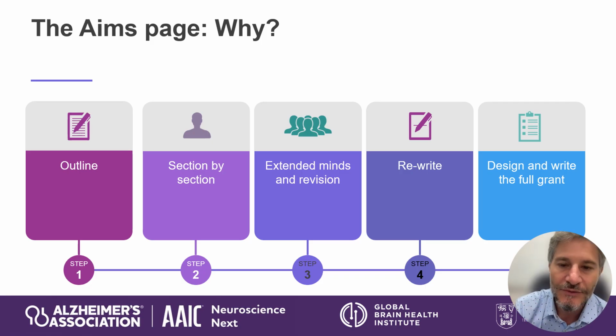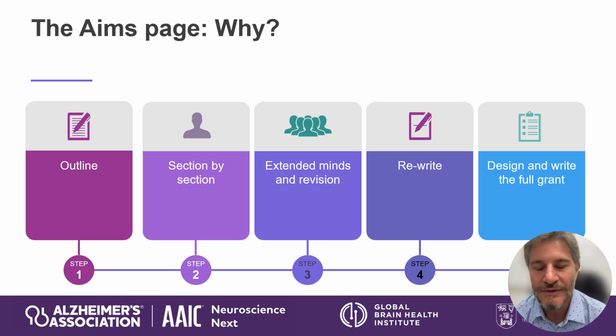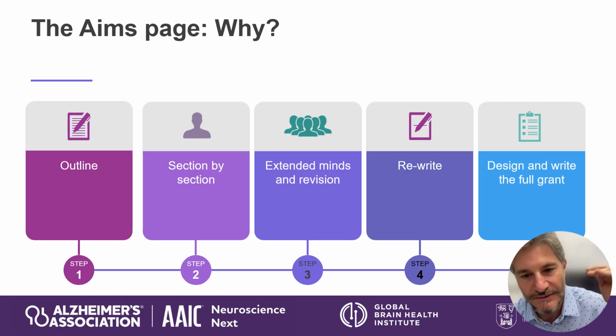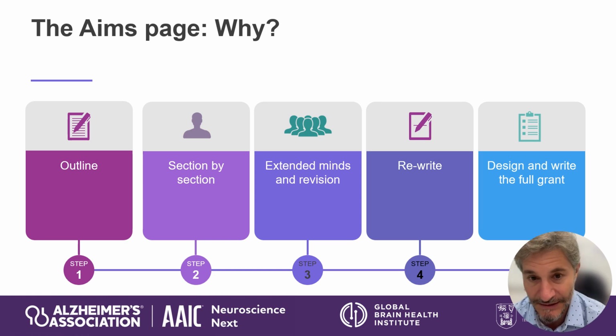So problems that you can amend, or you were thinking that this approach is the best, but in fact another is better. So you need to think in very dynamic terms. The grant is not something static, it's something that you arrive at through a process of rewriting and rethinking.